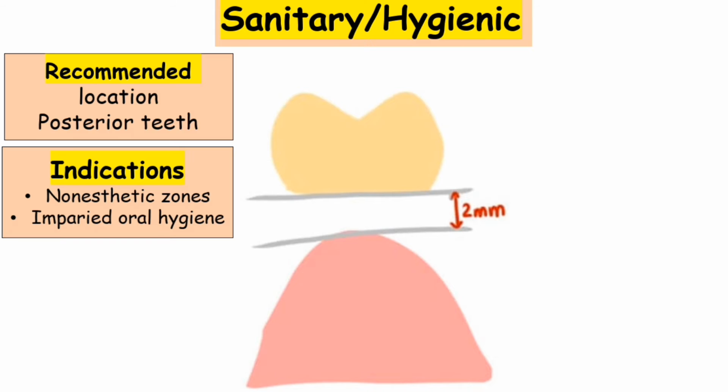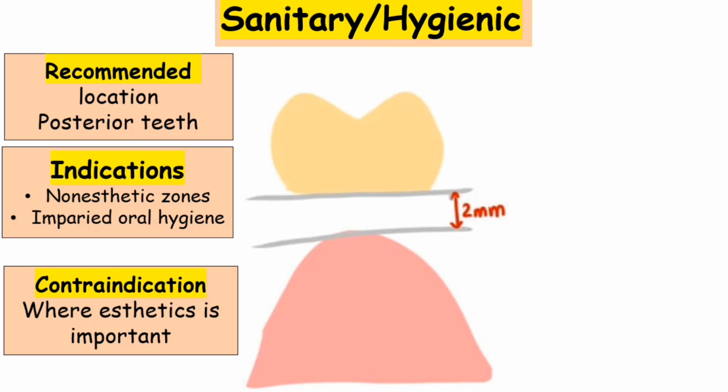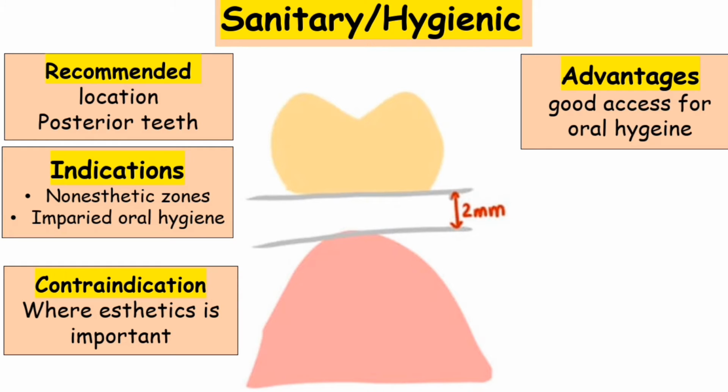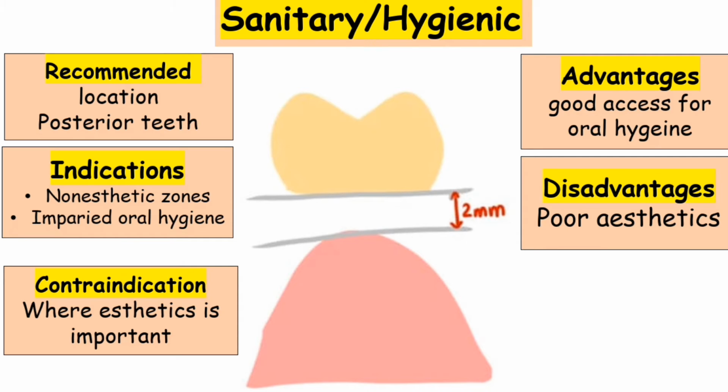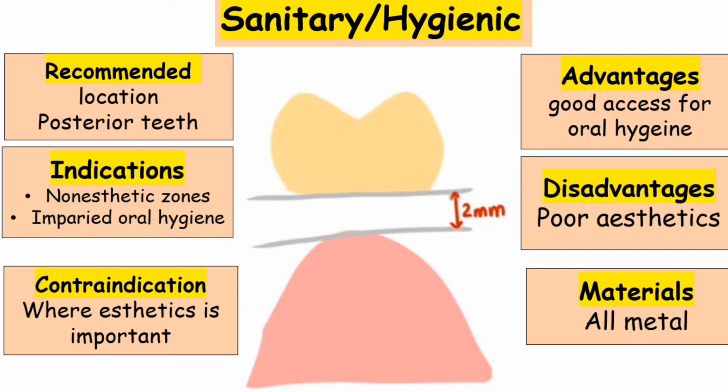You can see this sanitary type of Pontic. It is contraindicated where aesthetics is important. It has advantages like good access for oral hygiene, and one of the disadvantages is poor aesthetics. The material used for this type of Pontic fabrication is all metal.